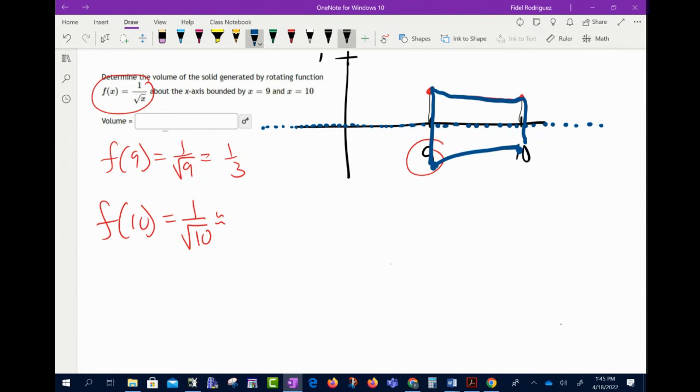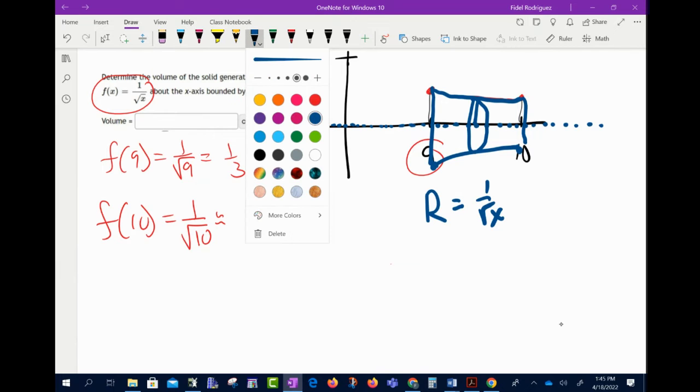Okay. So now I want you to think about what we're going to do, y'all. We're going to draw these little discs, these little circles that are going to look like this. Now the radius of the circle is from the function to the x-axis. So the radius is going to be 1 divided by the square root of x, right?